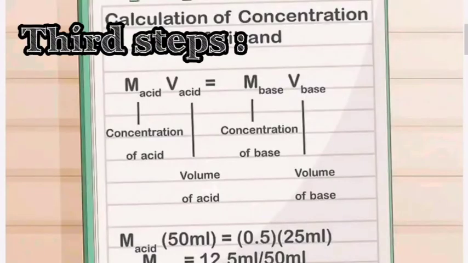And then, second step is clean your glassware by rinsing it with water. And then, third step is calculate the concentration of the titrant. Every type of titration will require a different calculation to determine the concentration of titrant in your analyte.